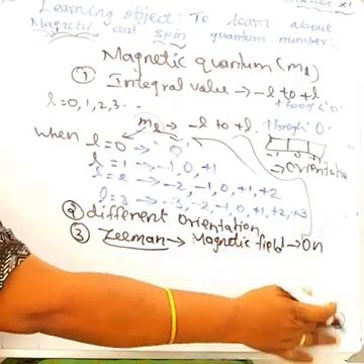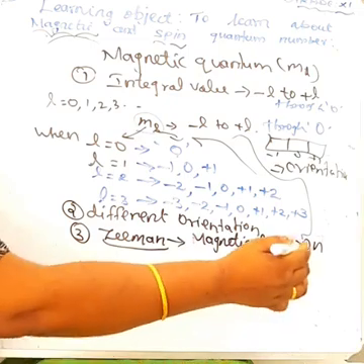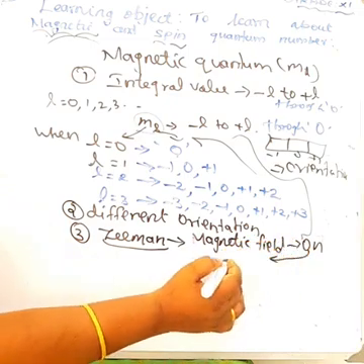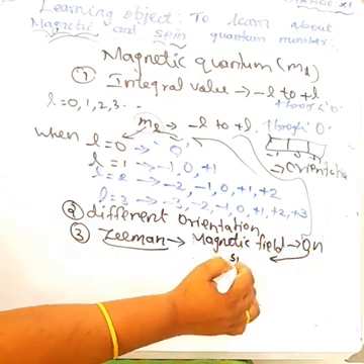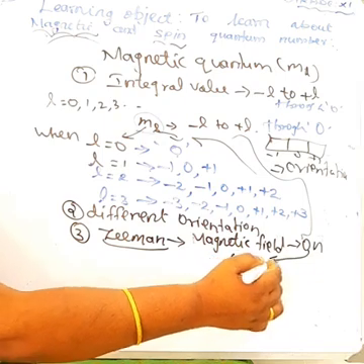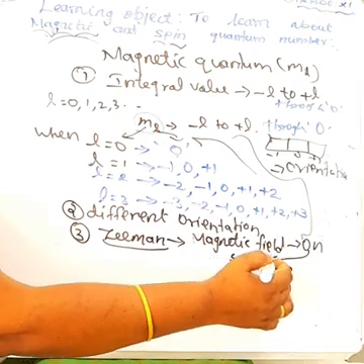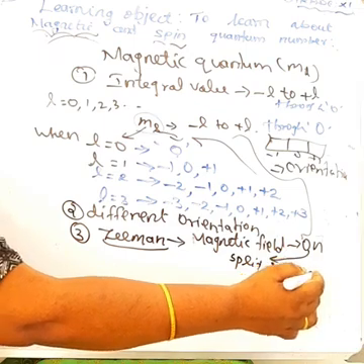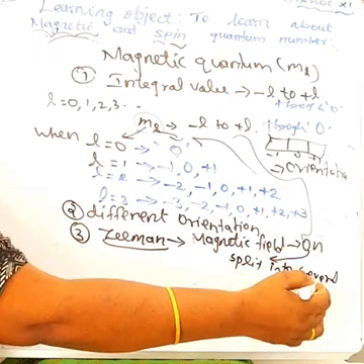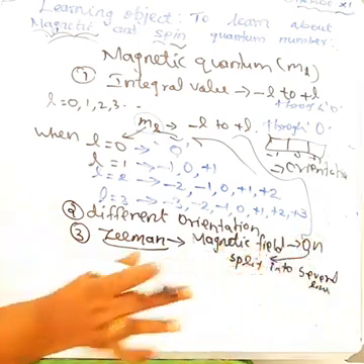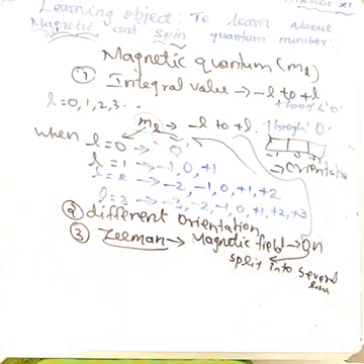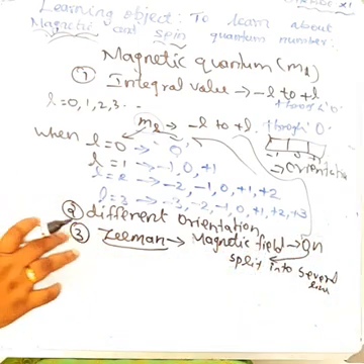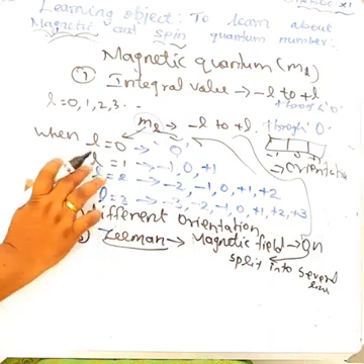When a magnetic field is applied on an atom, the spectral line splits into several small lines. From these lines, Zeeman found the magnetic quantum number.